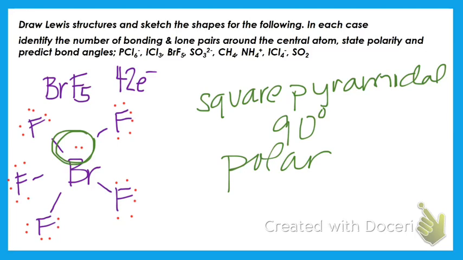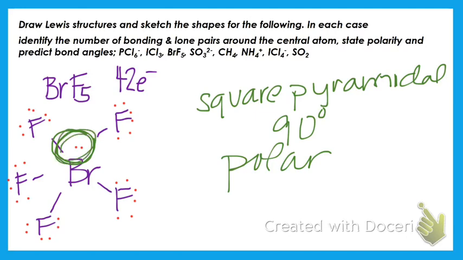The reason I wanted to redraw the T-shaped one is because the way we drew it, it looks nothing like a T. But when you truly put the two lone pairs and shove those things down, it's a T. Wait, I don't get how it's polar. Because you see those lone pairs right there? That's going to make it polar.